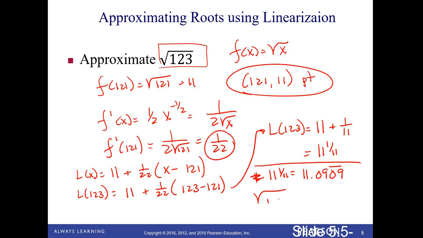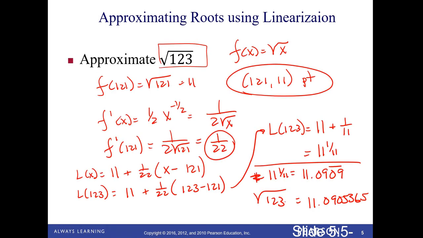The square root of 123, if you put that in your calculator, is 11.090536. So you can see that our approximation done without a calculator, 11 and 1/11, is really close to the actual square root of 123. So that's it for part 1 of section 4.5.